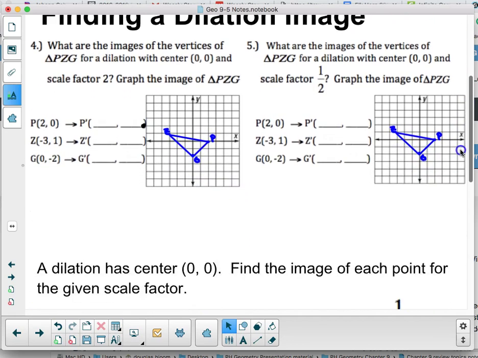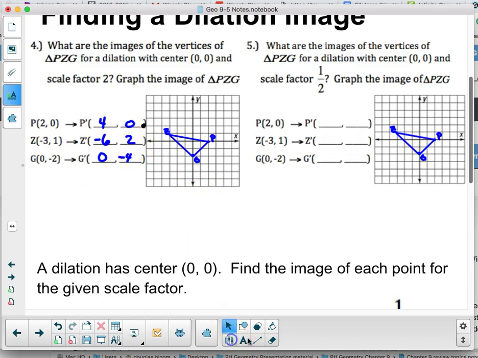So my scale factor is 2. 2 times 2 is 4. 2 times 0 is 0. 2 times -3 is -6. 2 times 1 is 2. 2 times 0 is 0. -2 times 2 is -4. Holy cow.